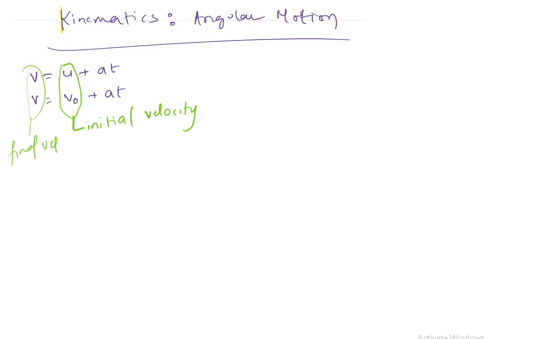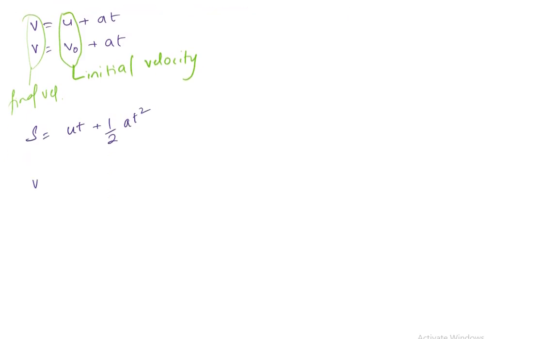And then we said s equals ut plus half at square, and then we have said v square minus u square is 2as, or v square minus v naught square. Doesn't matter, it's the same formula.